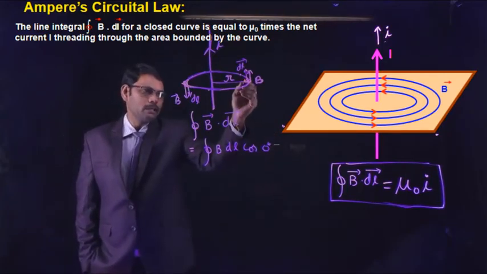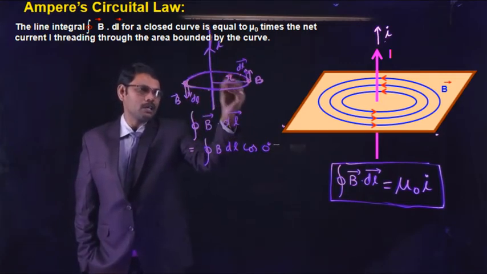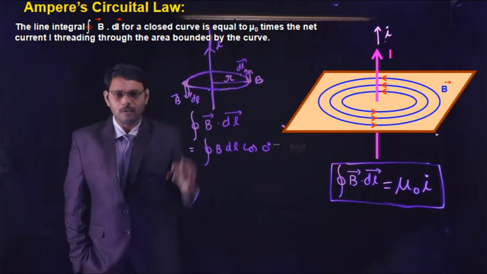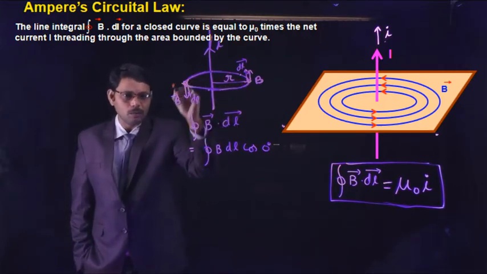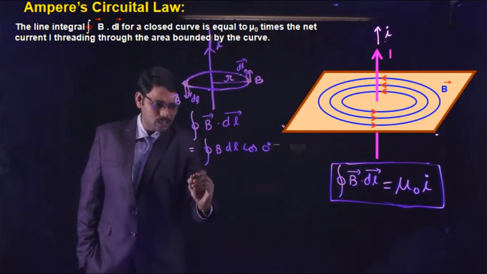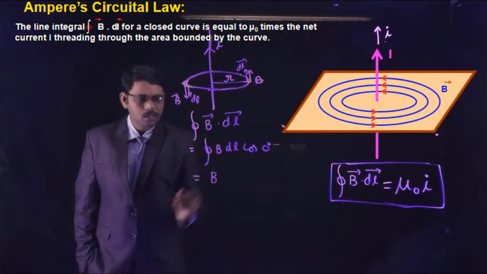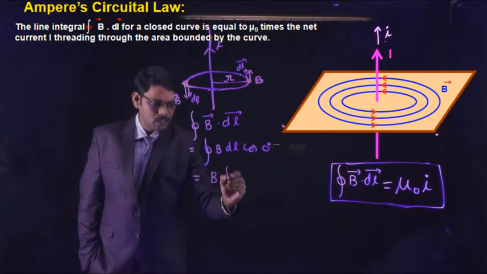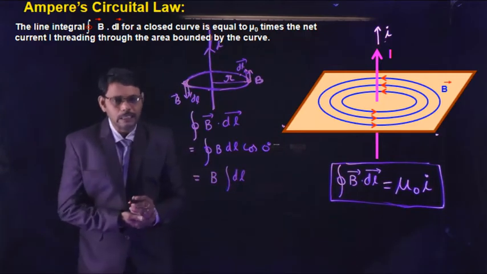I already explained that because we assume a loop of radius r, a circle of radius r around the current carrying wire, the strength of the magnetic field must be the same at each and every point on the loop. So, B is constant in this integration. We kept B outside the integration. B integral dl cos 0, cos 0 is 1, so B integral dl.